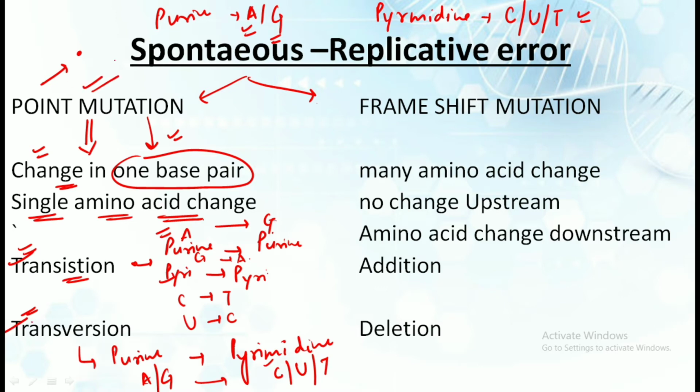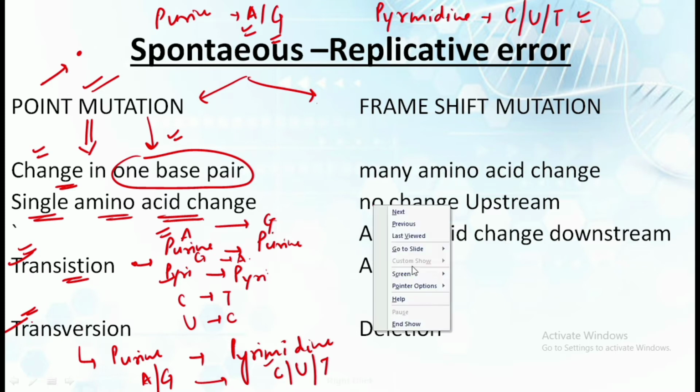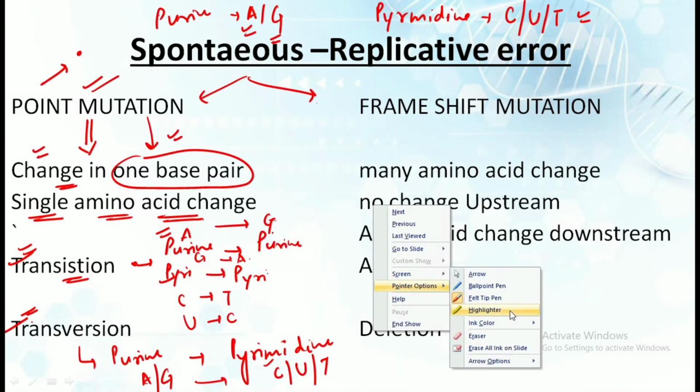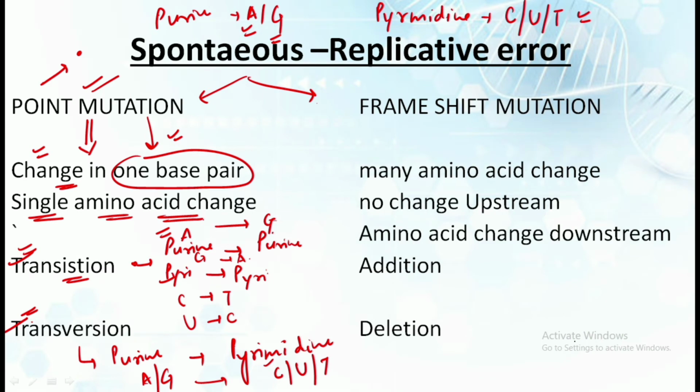So point mutation is a change in one base pair which leads to a single amino acid change, and as a result there could occur either transition or transversion. Transition is when a purine gets converted into a purine, and transversion is when a purine gets converted into a pyrimidine or a pyrimidine into a purine. So this was about the point mutation.